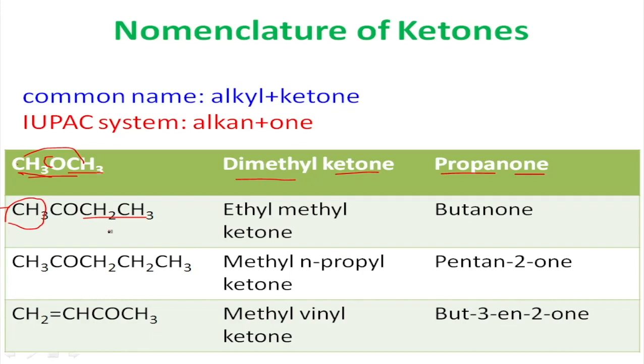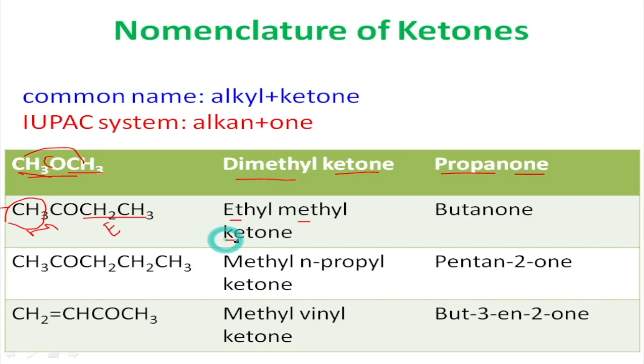Naming of compounds follows alphabetical order: this is methyl with M, this is ethyl with E, and E comes first, so you have ethyl methyl ketone.